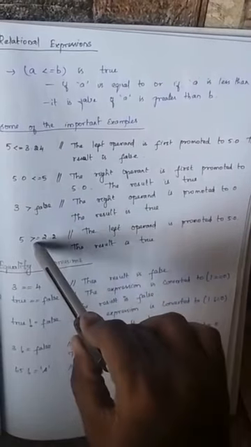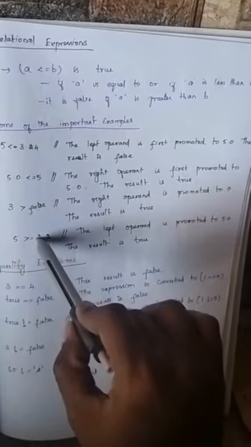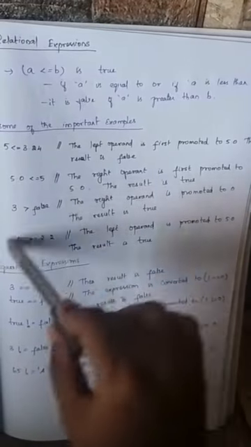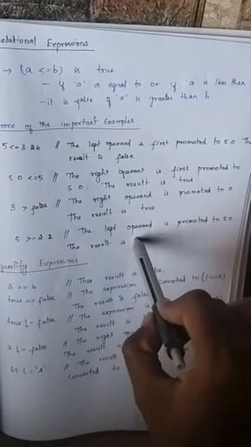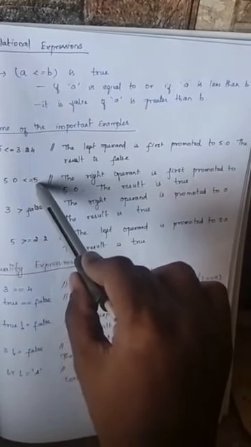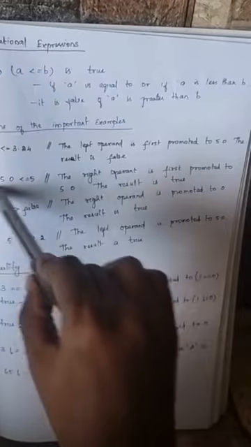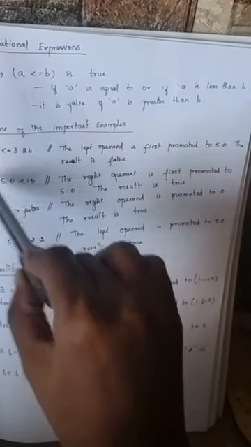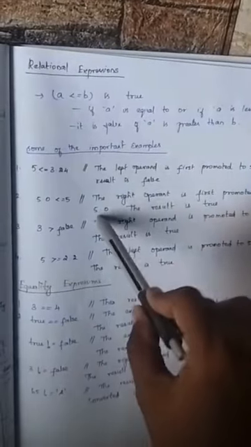Whenever one operand is a float, the other operand is converted to float, and then the condition evaluates as true. In the second condition, 5.0, the right operand is promoted to 5.0 and the result is true. These are some important examples that we need to remember.